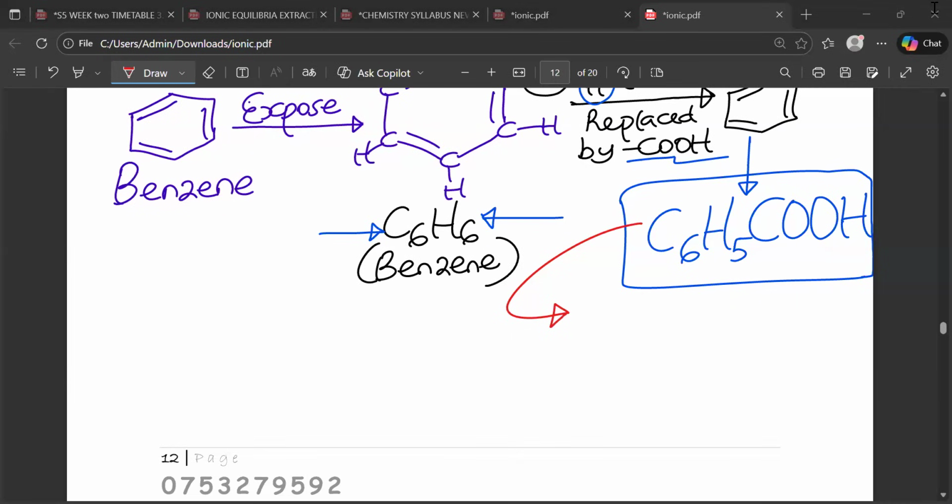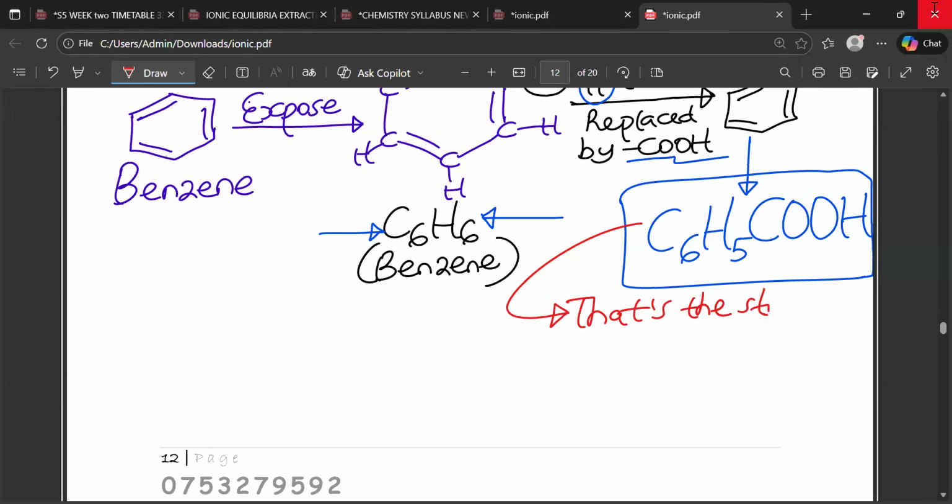Okay. So, that's the structure. That is the structure used in equations and calculations.